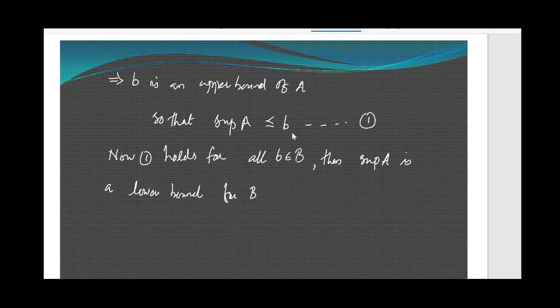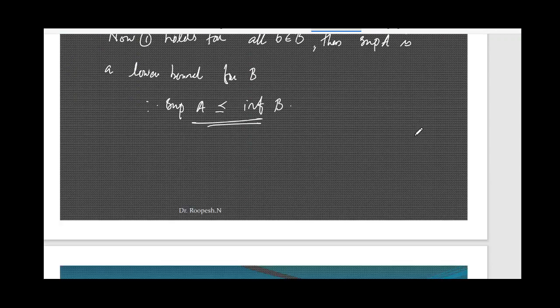Supremum of A is a lower bound for B. Therefore, supremum of A is less than or equal to infimum of B. Right? Since supremum of A is a lower bound, its infimum is always greater than or equal to this lower bound. So supremum of A is less than or equal to infimum of B. That was your second property.